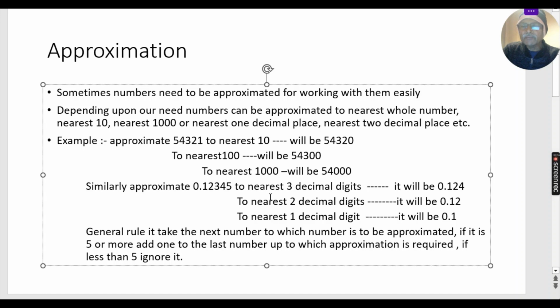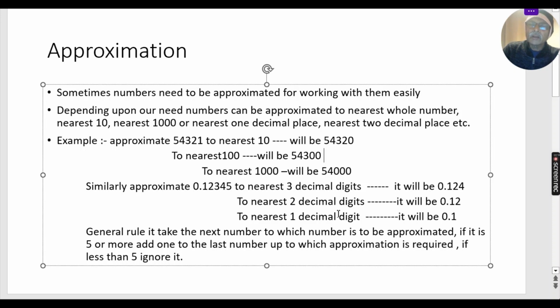But here you will see that I have taken 4 in spite of the 4th digit being 4, because the 5th digit is 5. Because of this 5, the 4th digit becomes 5, and when we approximate up to 3 decimal places, it will become 4.